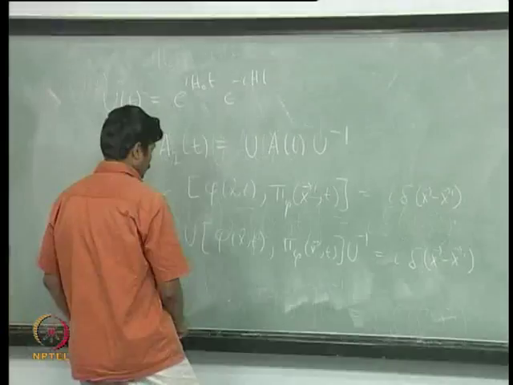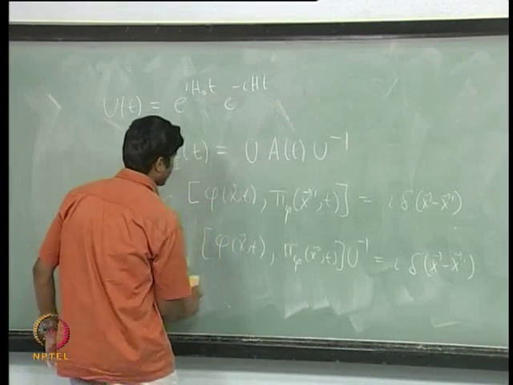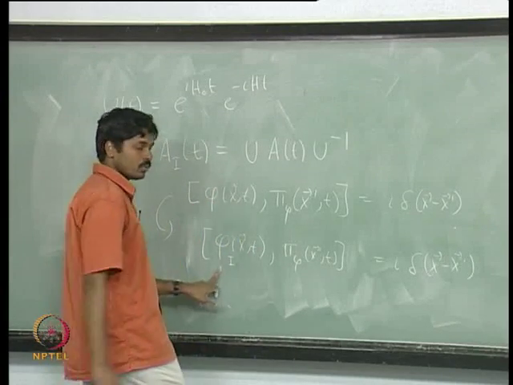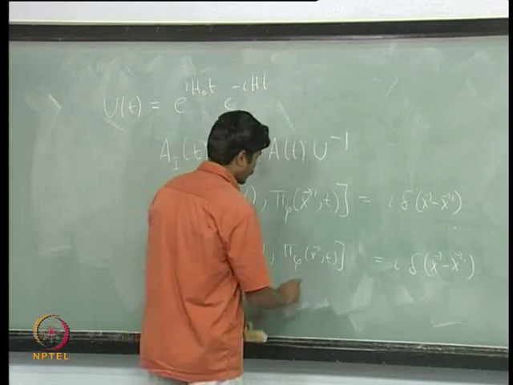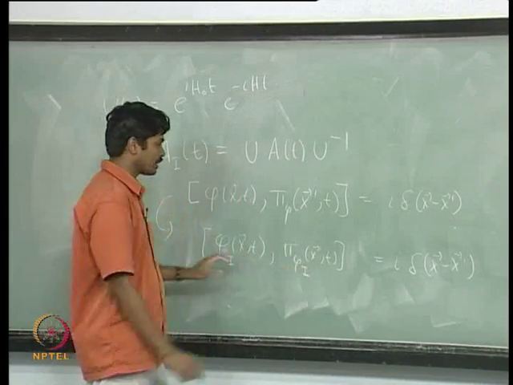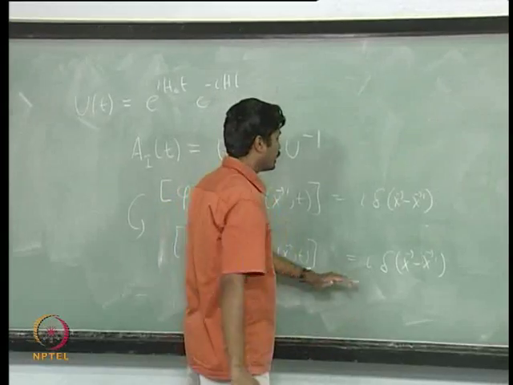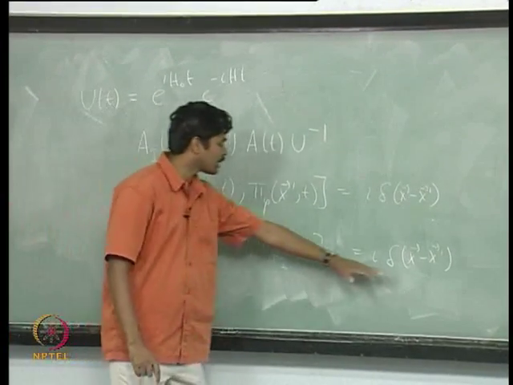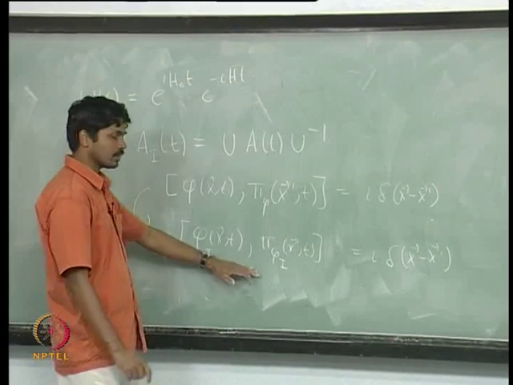So, this is basically going to become phi_I, where phi_I is the operator in the interaction picture. Similarly, here pi phi_I in the interaction picture. So, the commutation relations in the interaction picture also hold, the same commutation relation holds for the interaction picture.